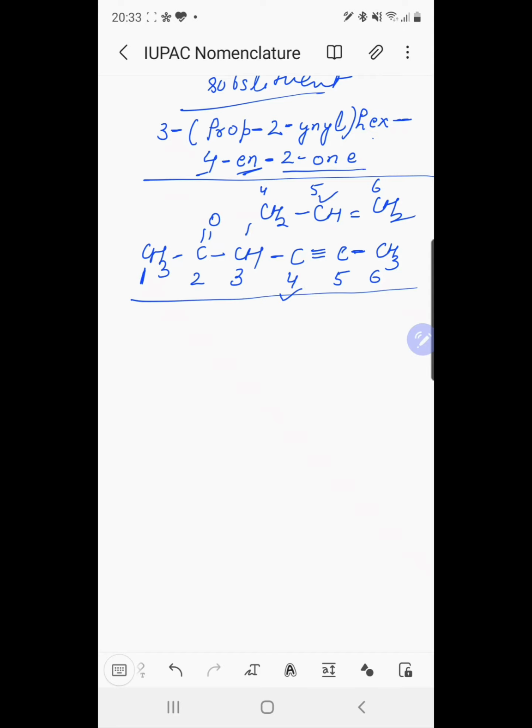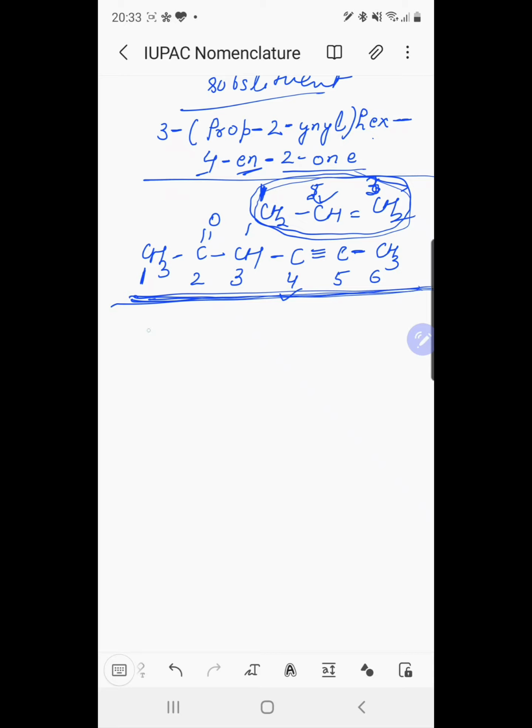So we take this route because the triple bond is nearer to the functional group and it gets the lowest locant. This group is considered as a substituent. We number it as 1, 2, 3.